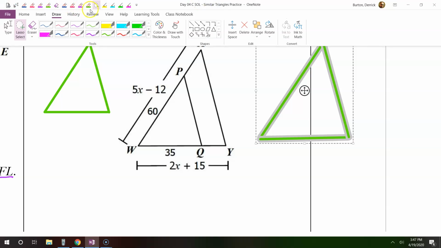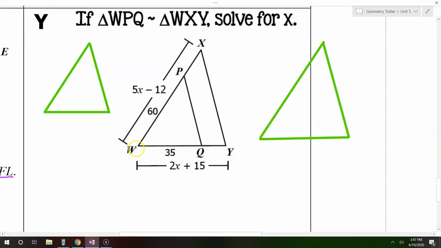So let's label the sides. So the small triangle is WQP. The large triangle is WYX. Now how about the sides?